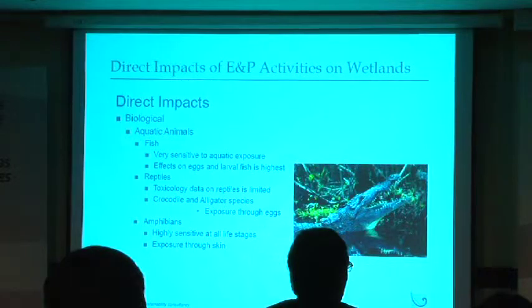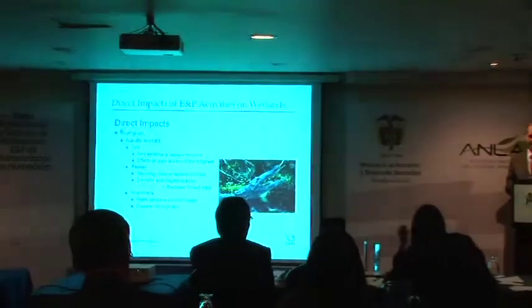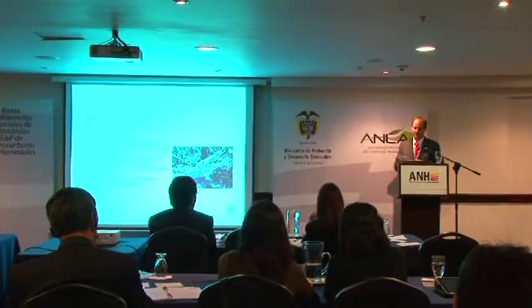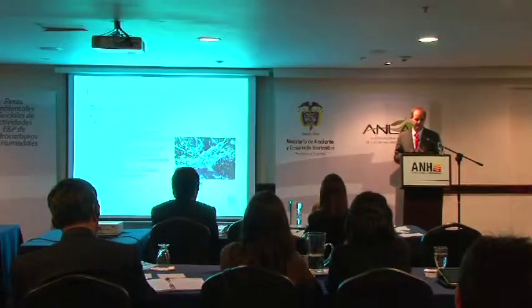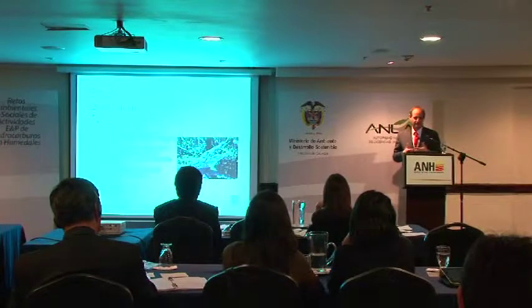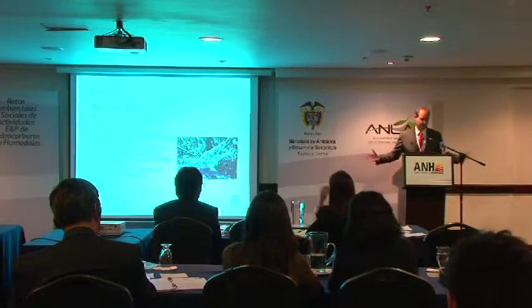Amphibians, the frogs and salamanders, are also highly susceptible through their exposure through the skin. They tend to have very thin skin, and transfer goes across their skin very, very fast. What we don't have is a lot of toxicology data on a wide variety of amphibians.